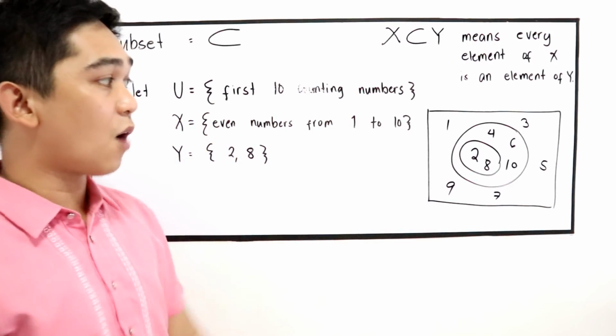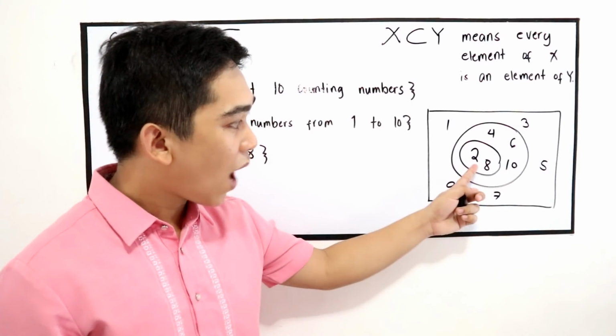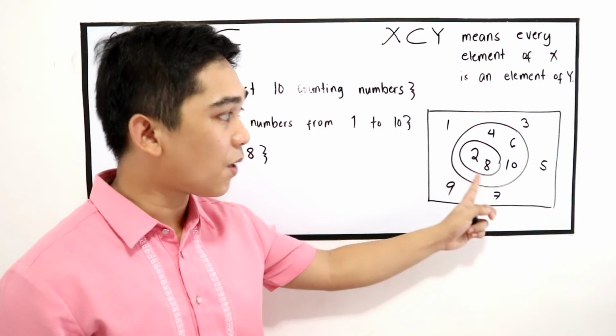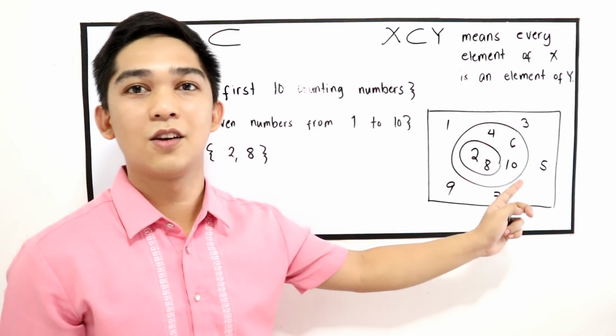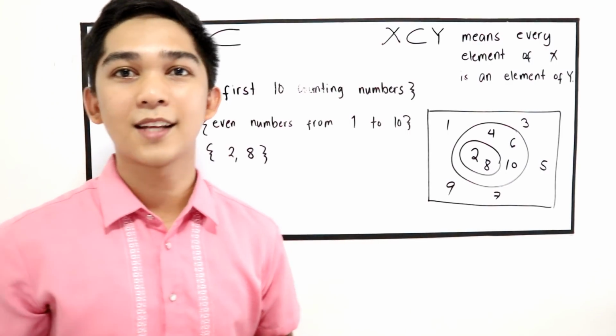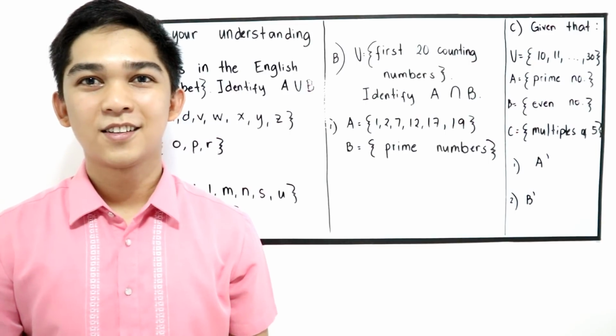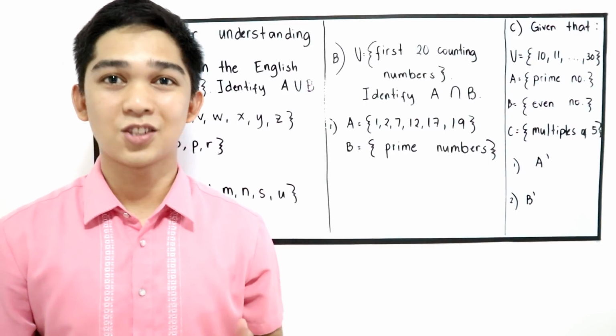So this is now our Venn diagram. Notice that Y is part of the bigger set, which is X. That is the definition of subset. And now let us proceed and check your understanding. We're going to answer some of the questions.